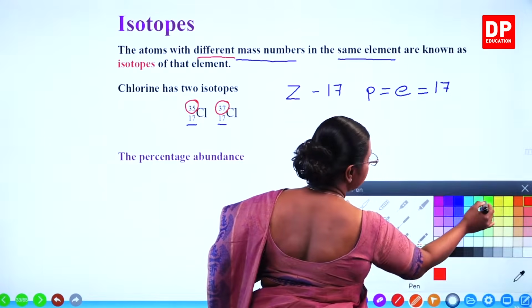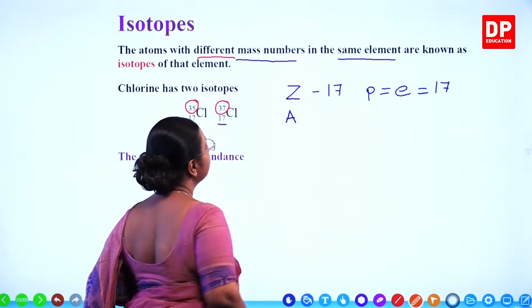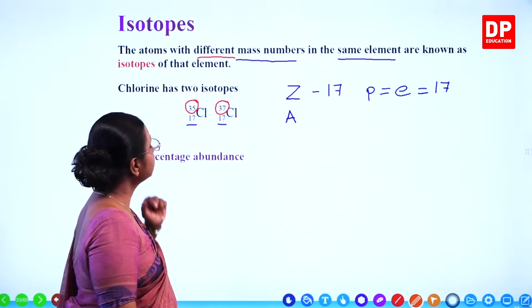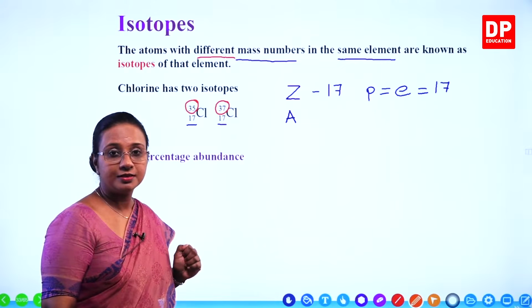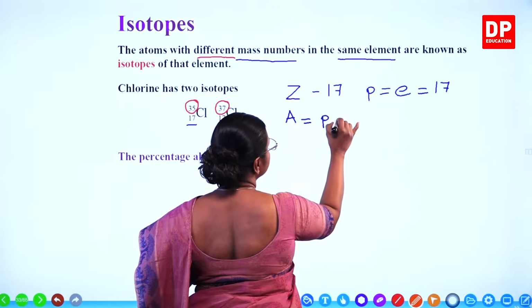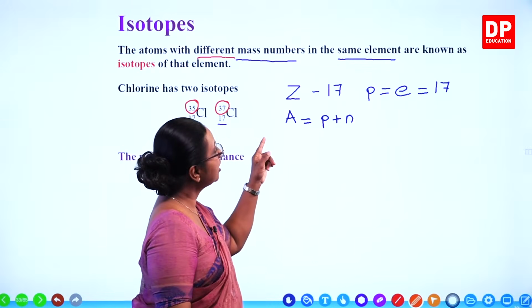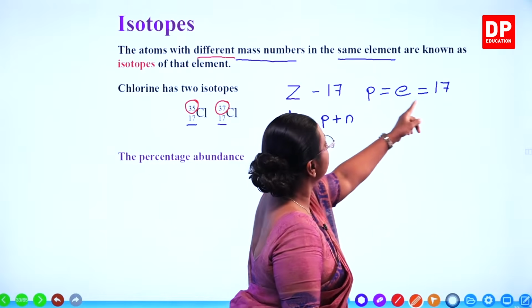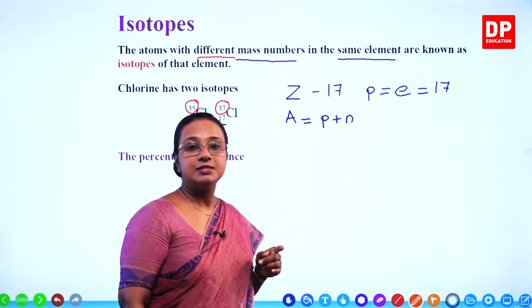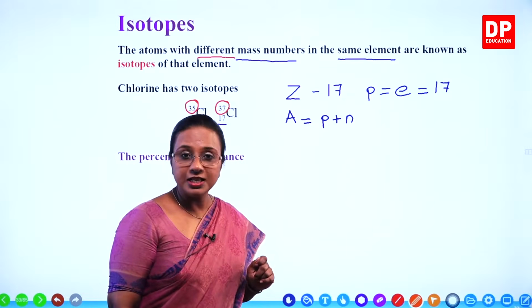How do these numbers vary? If you look at it, the mass number is equal to what? Yes, the sum of protons plus neutrons. We have already seen that the number of protons is the same in both, equal to 17.